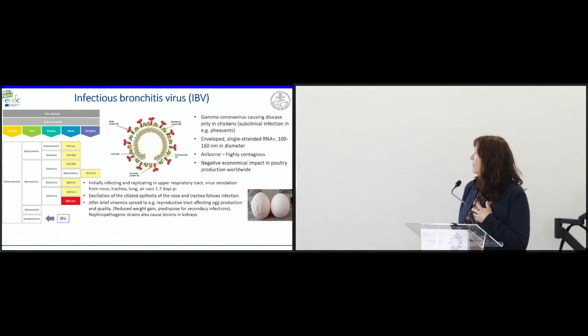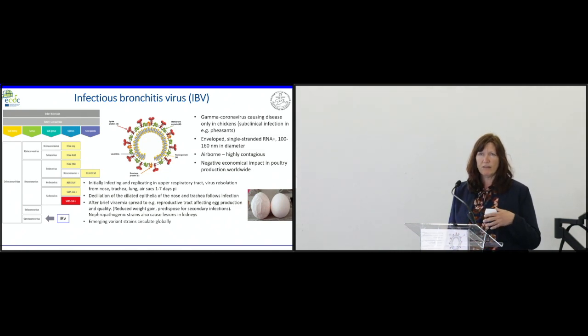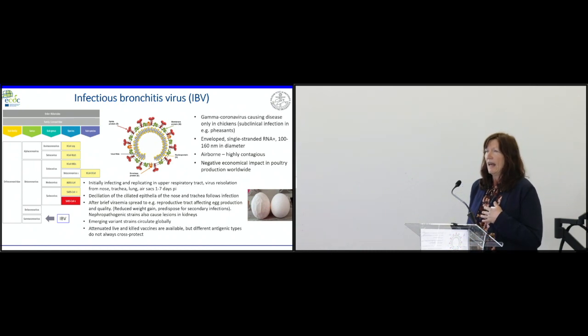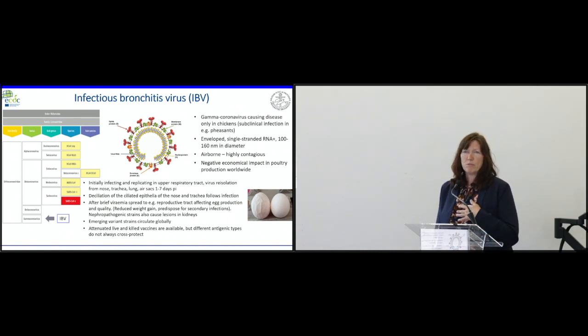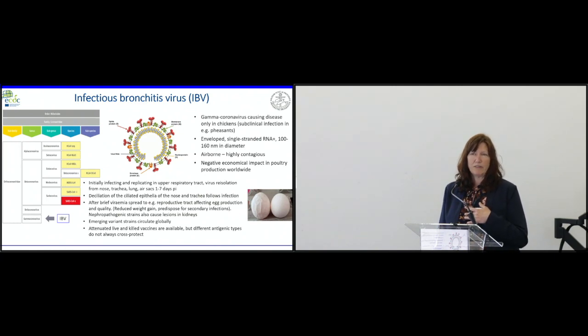We also have some particular nephropathogenic strains that cause lesions in the kidneys, and we do have some local strains, but also some strains that circulate globally. And it is actually a remarkable amount of different variants that we see, despite the fact that, or maybe because of the fact that, for decades we have been using live attenuated vaccines to try and control the disease.